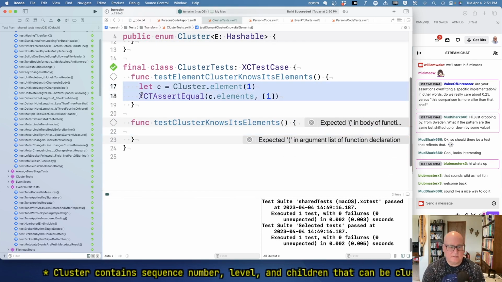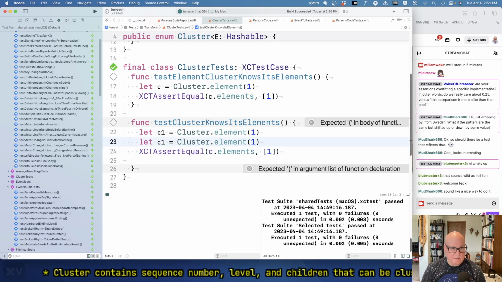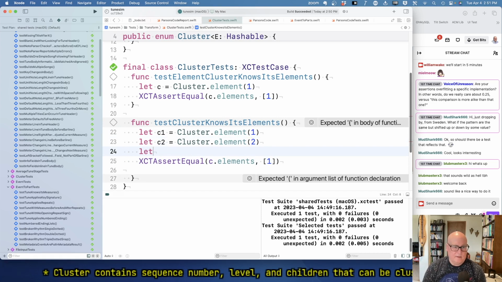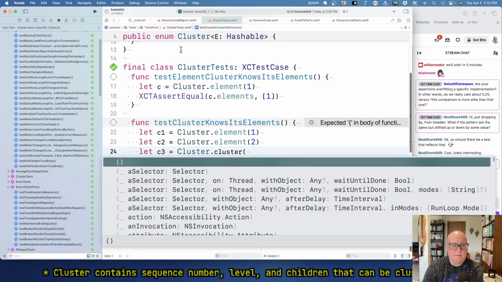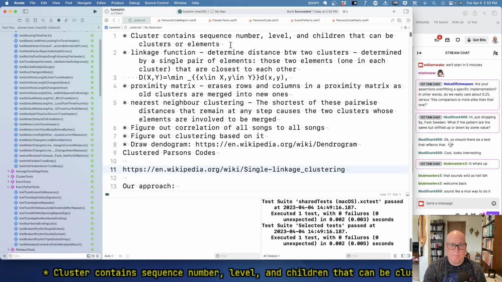Okay, and it's going to be kind of starting like this. Let C1 be that cluster. We'll make another one, C2. And then let C3 equal cluster.cluster with sequence number. What's the name of that? Sequence number, level, and children.